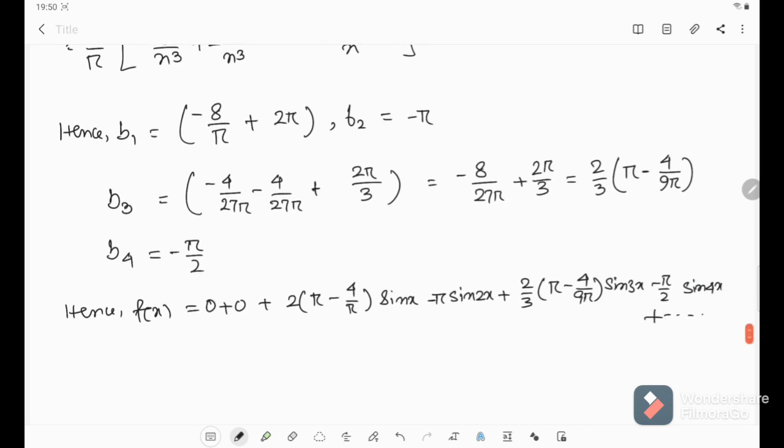So it is the Fourier series for our function.